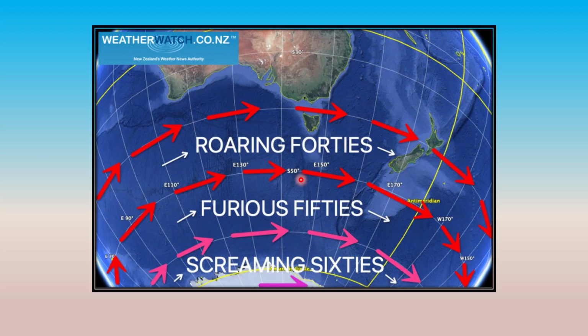So they are very dominant in the latitudes of the 40s, 50s and 60s. They blow so strongly over here that they have been named as roaring 40s in the 40° south latitude. They are known as furious 50s in the 50° south latitudes and screaming 60s in the 60° south latitude.